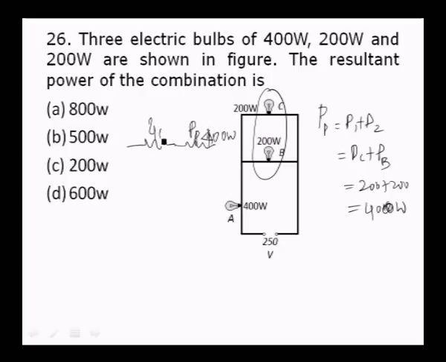Okay, this is 400. When they are in series, we have effective power in series as 1 by PS is equal to 1 by P1 plus 1 by P2.